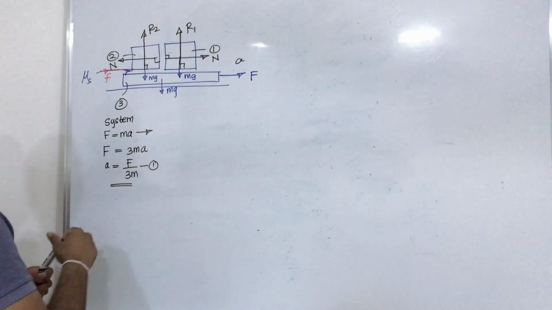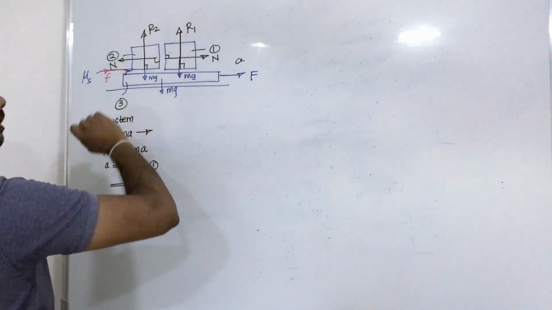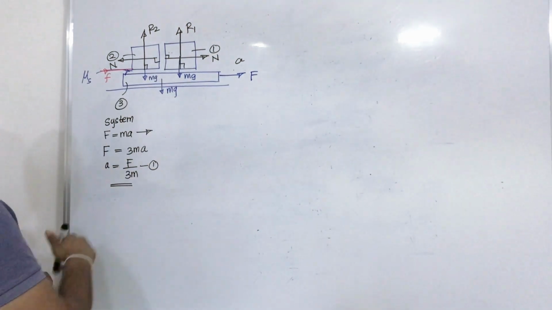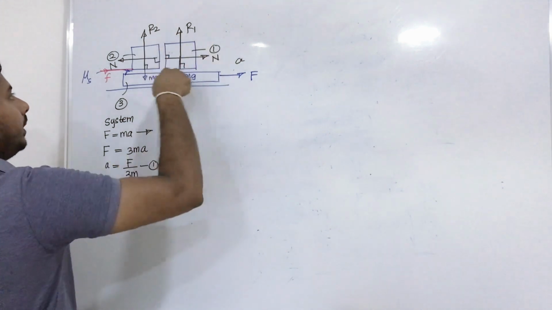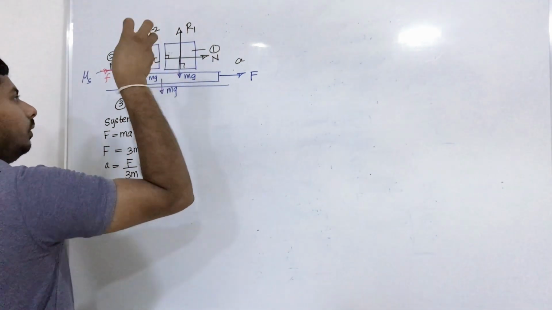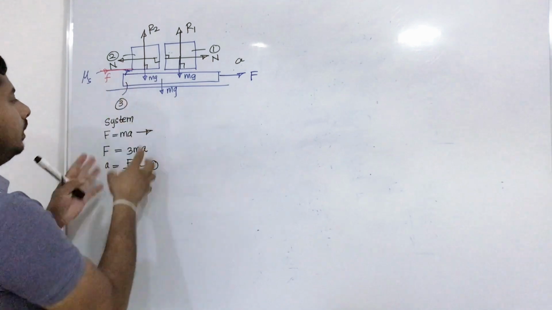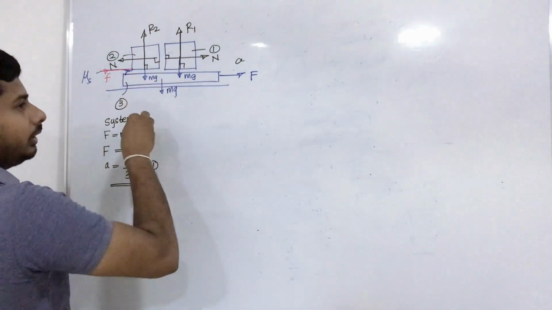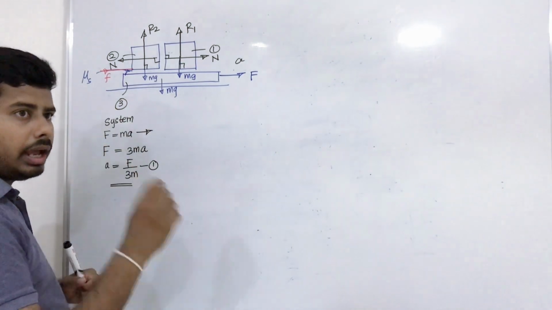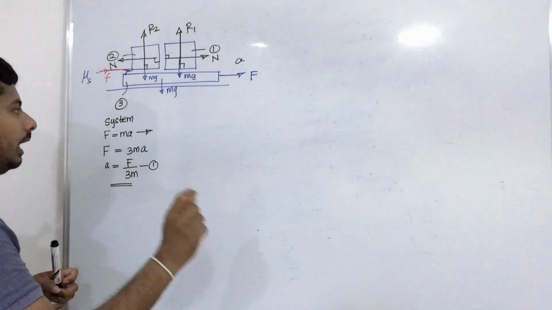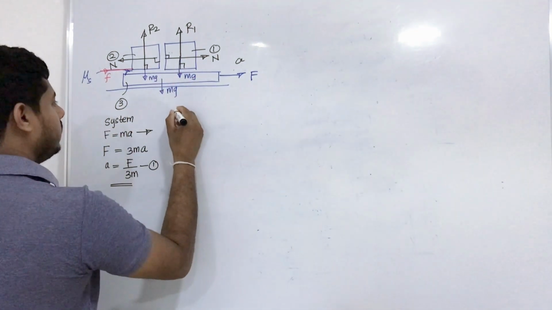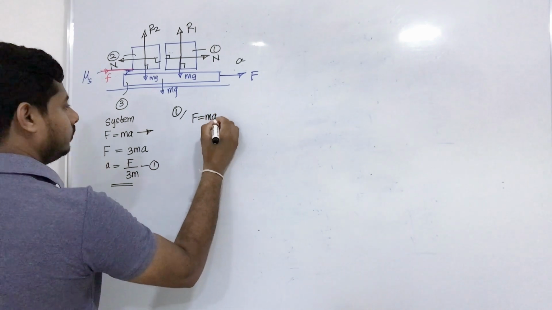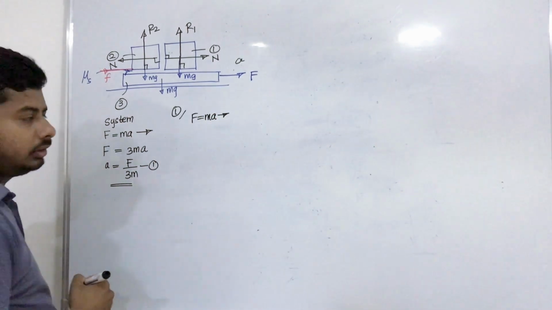Okay, next I will go to this one. So better to use this one because we have only two forces to consider. Here for this object, it is inside the whole system. So if the whole system is accelerating at acceleration a, this individual object must also accelerate at acceleration a. So now you can apply F equals ma in the rightward direction.